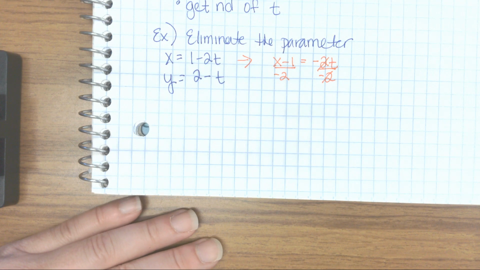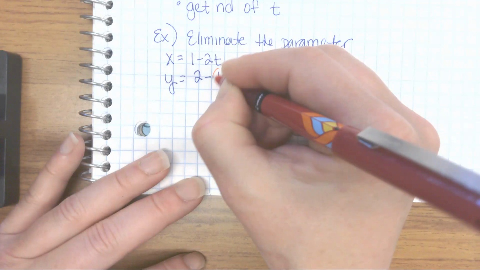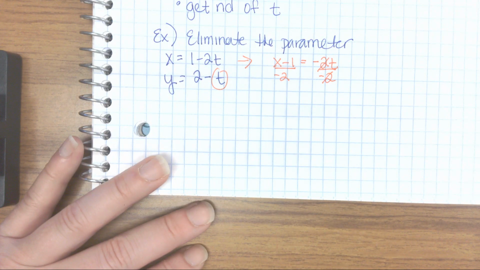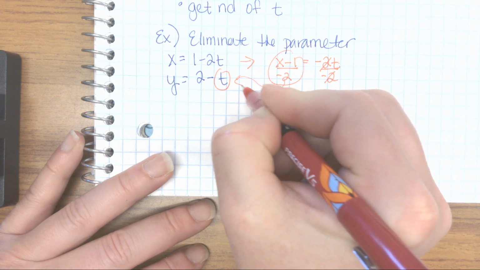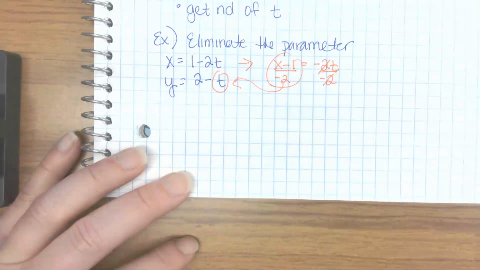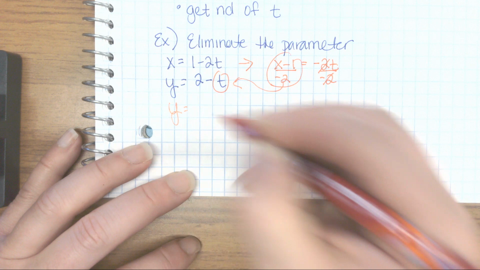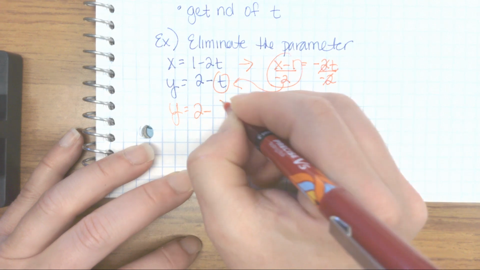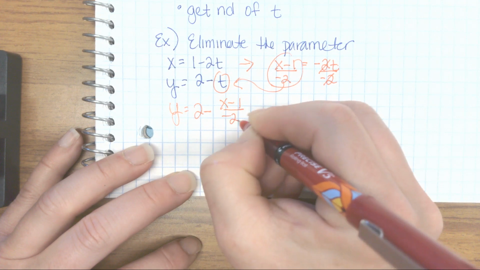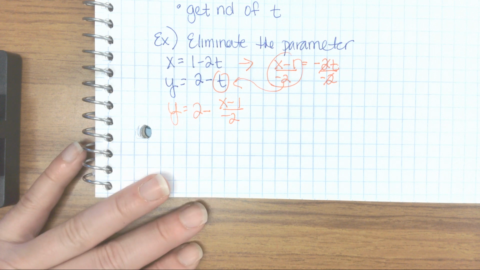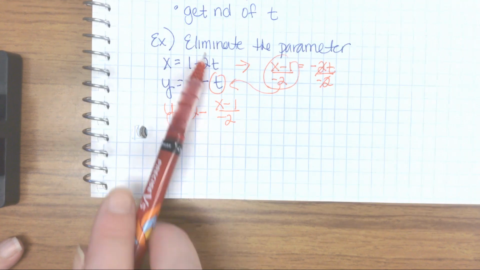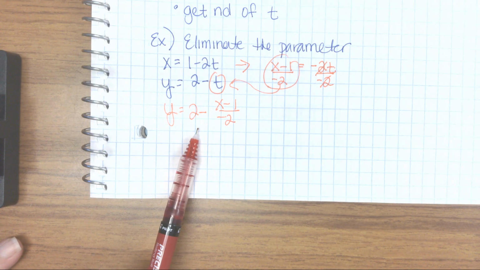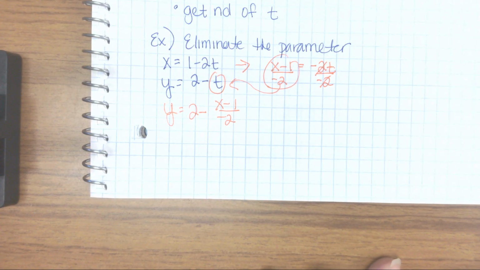Then you're literally going to take t out down here, and because t equals this, you're going to put that in its spot. So y equals 2 minus (x minus 1) over -2. Now if you graphed this in parametric mode, and then I went back to function mode and graphed that, you get the same graph. Okay.